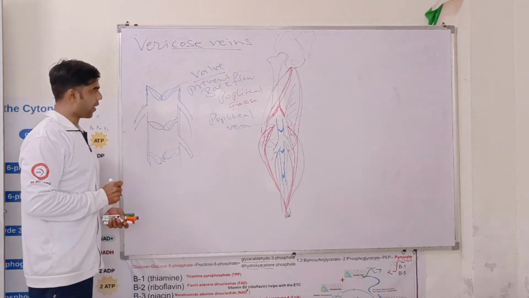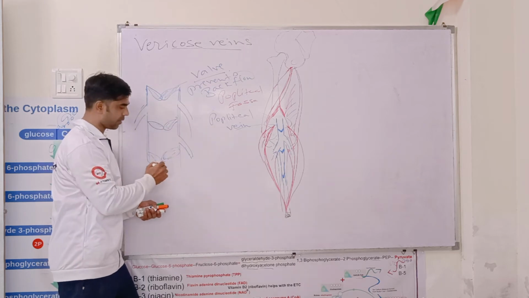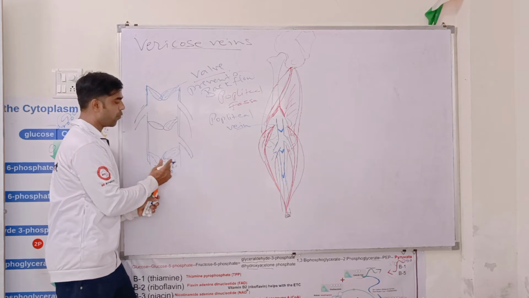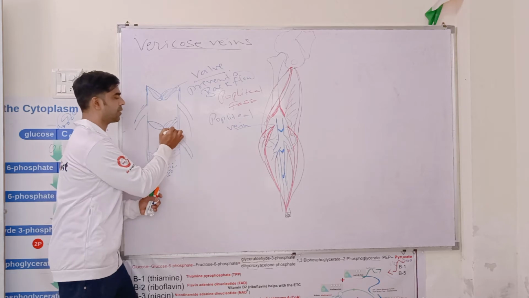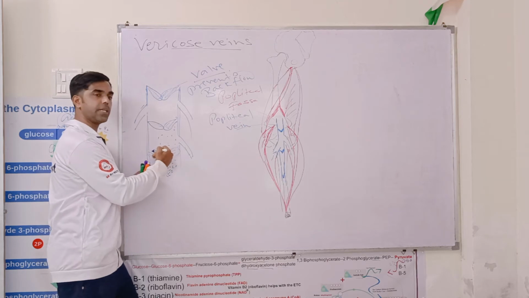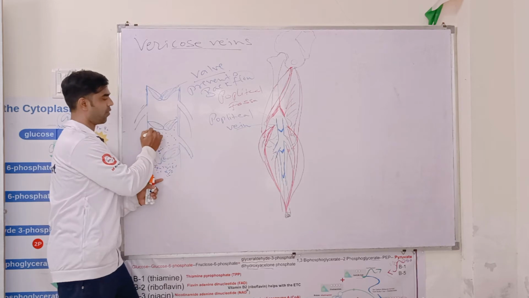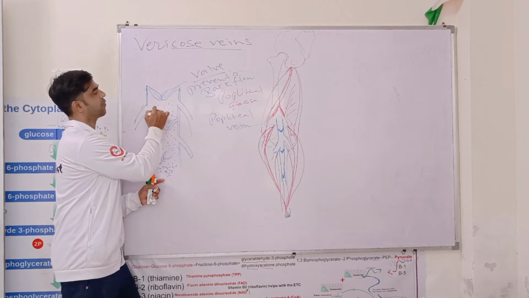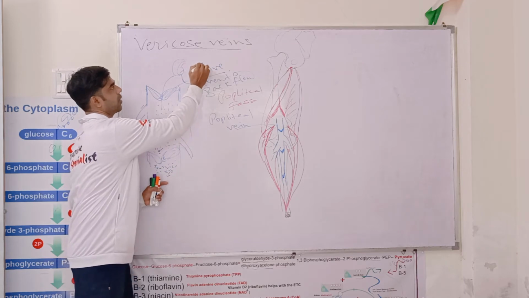Now whenever blood has to go to the right heart, this contracting muscle will push this deoxygenated blood into this region by opening this valve, right? And immediately this will close. So the backflow won't occur. From this region, this fluid has to go into the upper region. And from here it has to go into the right heart. Right?